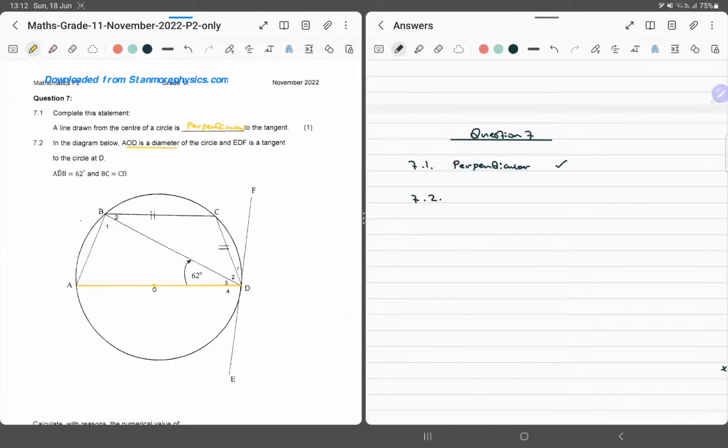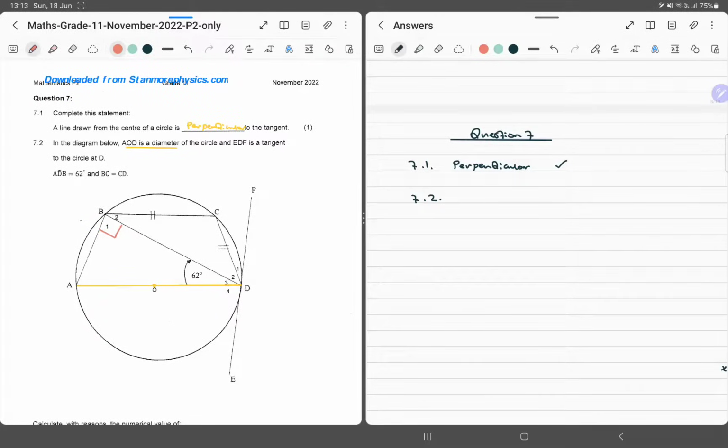What do we know about a diameter? It subtends 90 degrees at the circumference. So it's 90 degrees there.